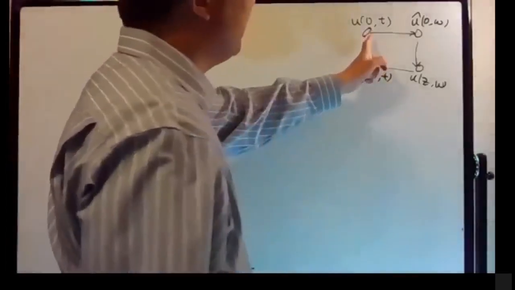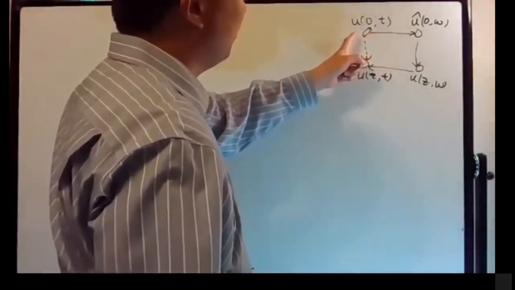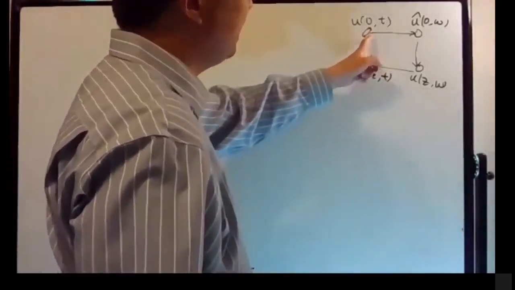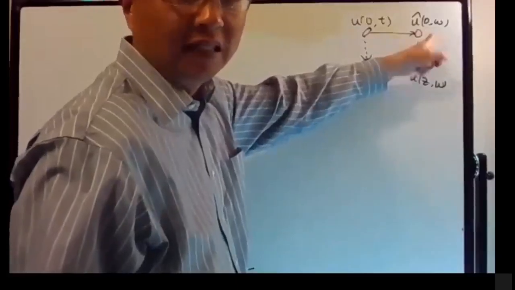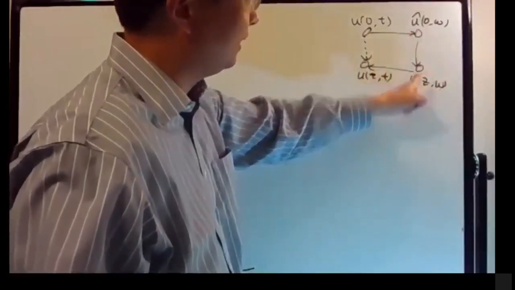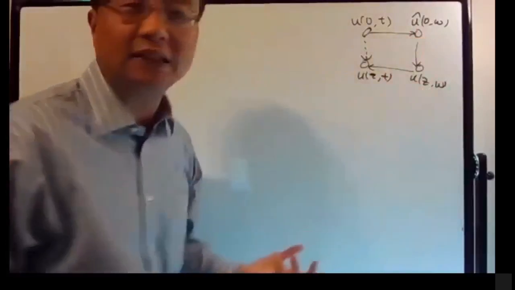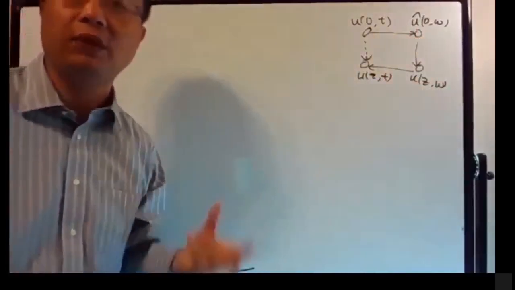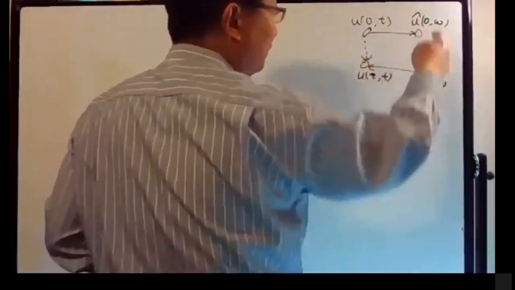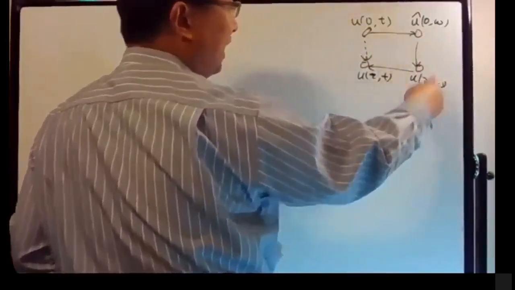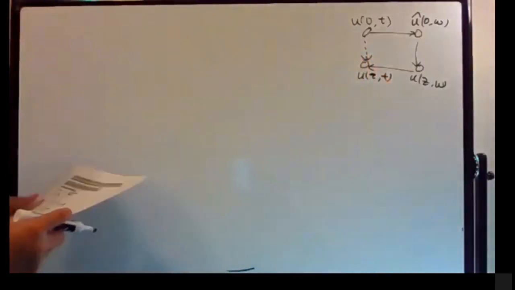So it's really hard to solve from 0 to Z. Instead, we take a Fourier transform, then we propagate in the frequency domain. It's easier to do it in the frequency domain because it's just multiplying a phase delay. Once we have the phase delay, we take an inverse Fourier transform to get the pulse shape at Z, at the propagation.